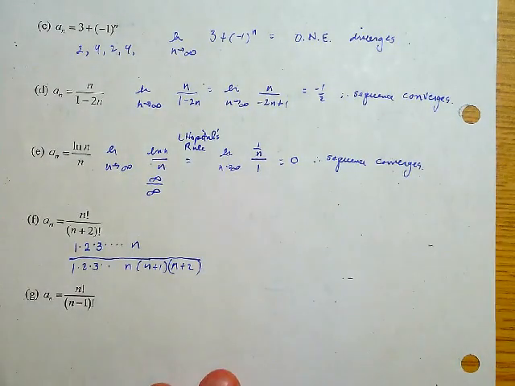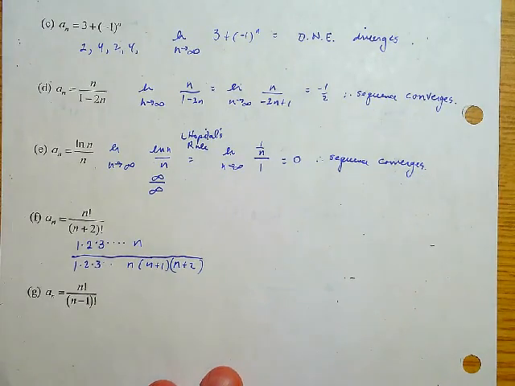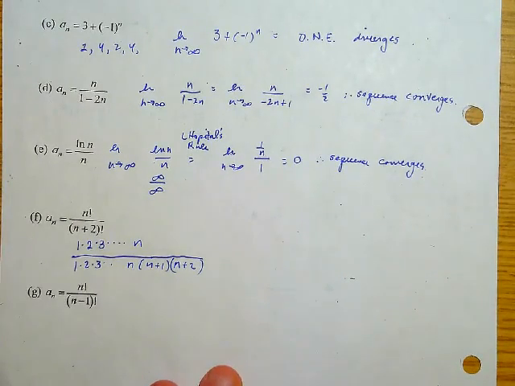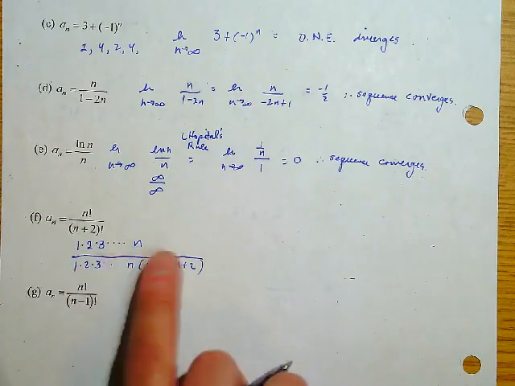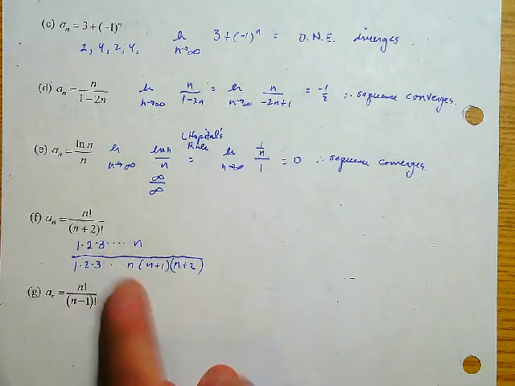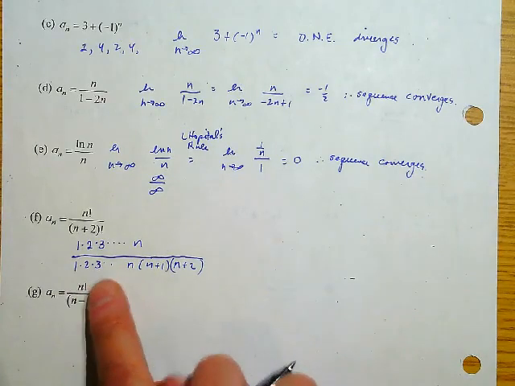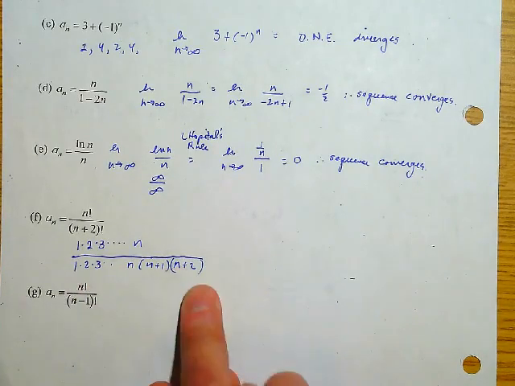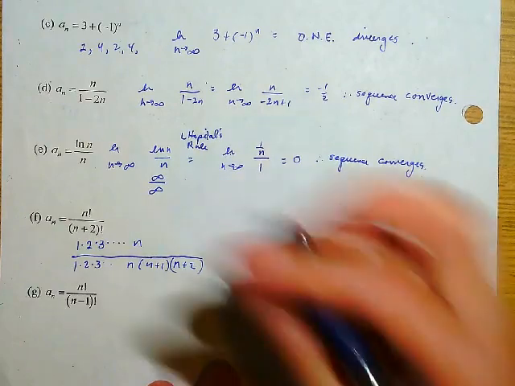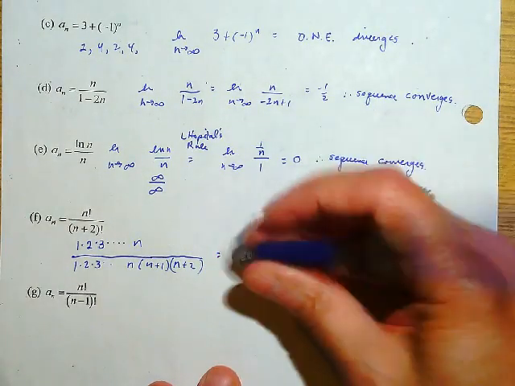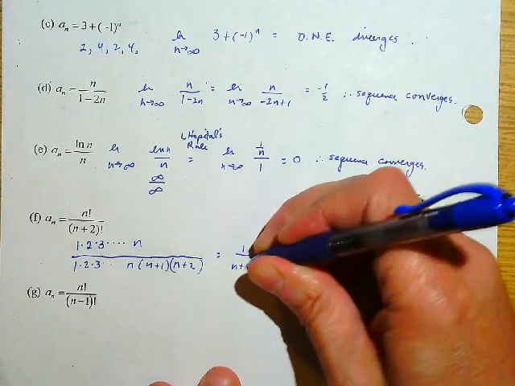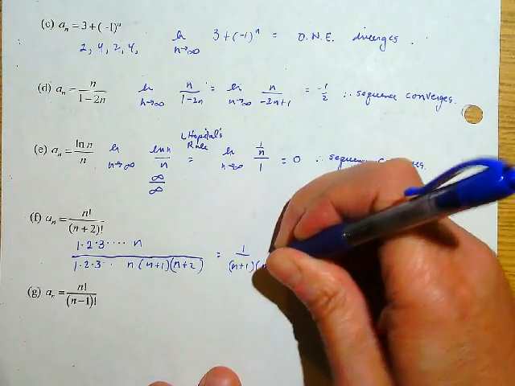All of my numerator terms are going to cancel. So if we had, let's say, n is 3 or 4 or 5, something small, you could multiply those out and write all those terms out. If it was 5, 1 times 2 times 3 times 4 times 5, over 1 times 2 times 3 times 4 times 5 times 6 times 7. So everything's going to cancel except for 1 on the top and the last two factors there, n plus 1 and n plus 2.